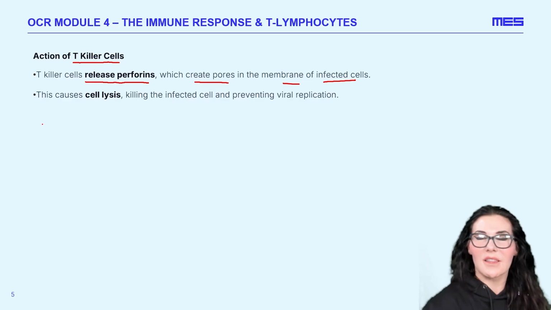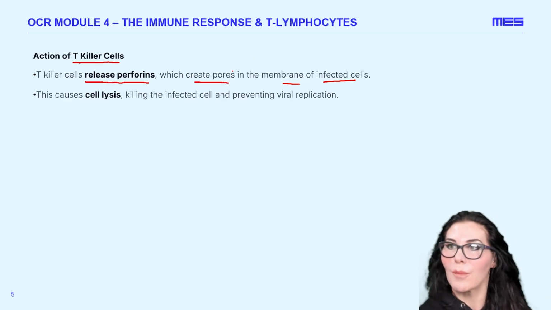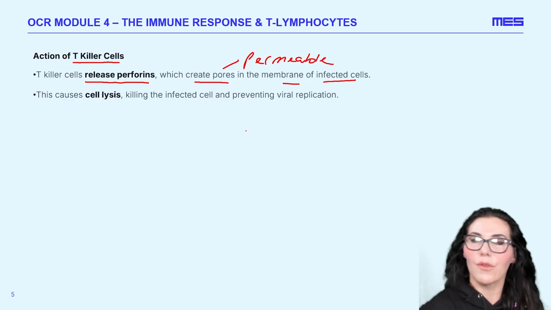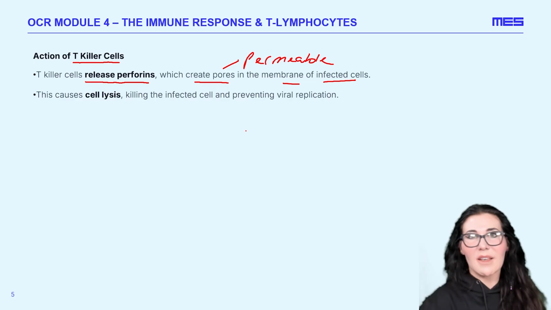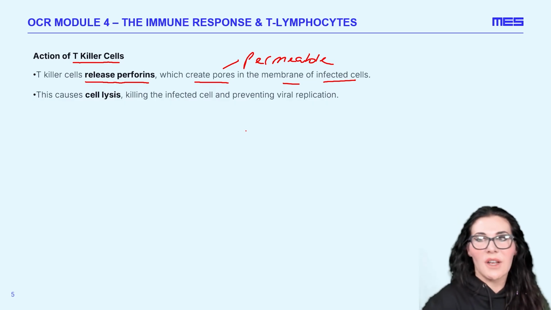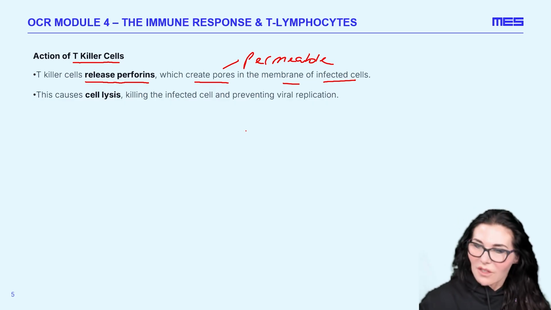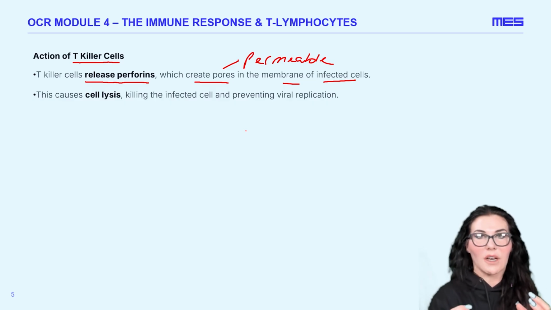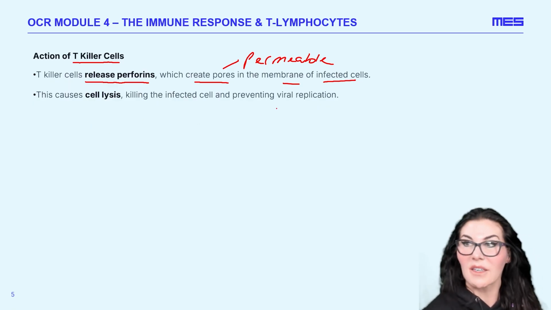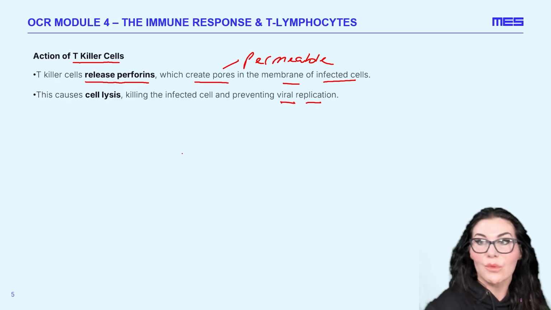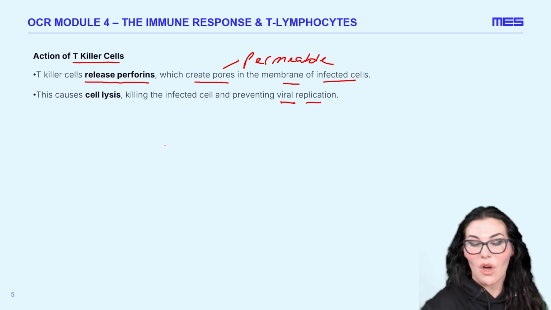That means that cell becomes fully permeable, so it increases the permeability of that particular cell, making it no longer able to control what moves in and out of it. Literally, that means the cell is going to fill with fluid very quickly, swell up and burst, and anything inside the cell is therefore going to be prevented from replicating. The virus can't replicate without a host. You've killed the host cell, so the virus can't replicate.